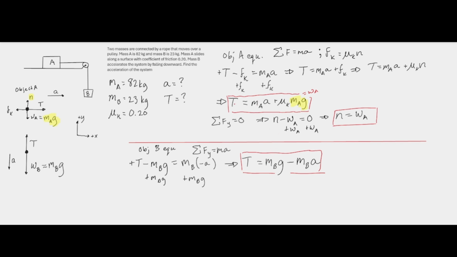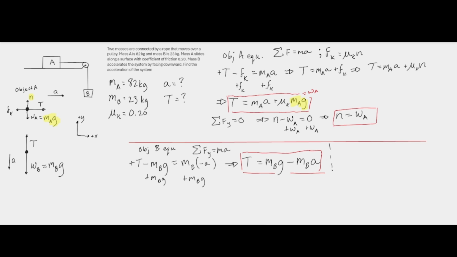So I can eliminate the tension force and set the right-hand side of both equations equal to one another. And then we'll only have one unknown, which is the acceleration of the system. So I'm now going to set the right-hand sides of these equations equal to each other.